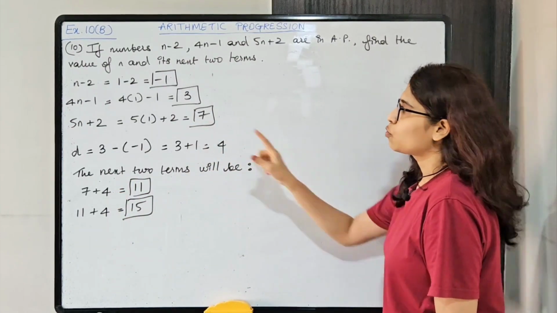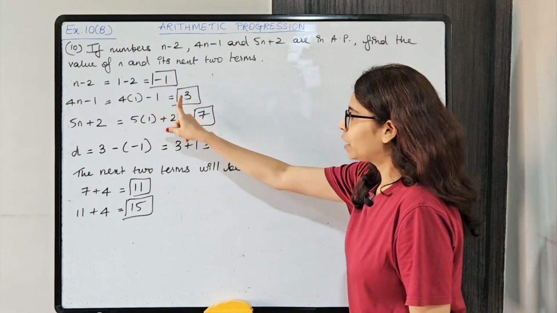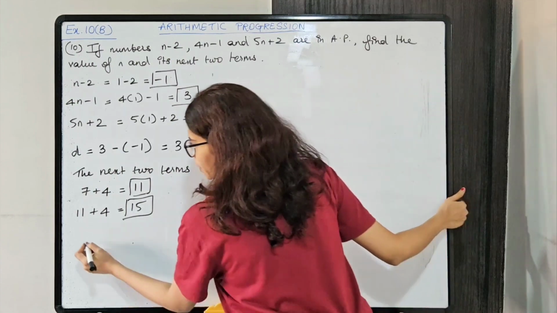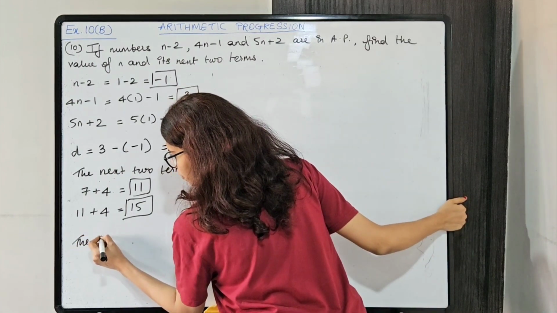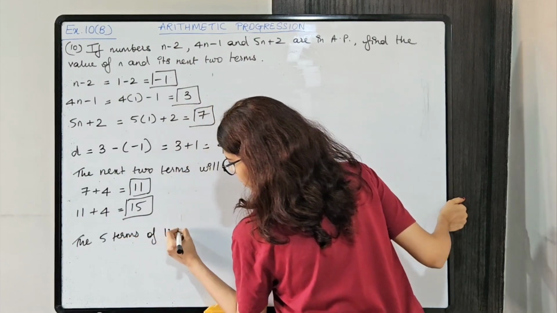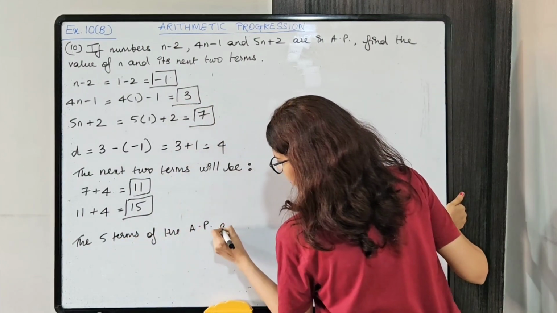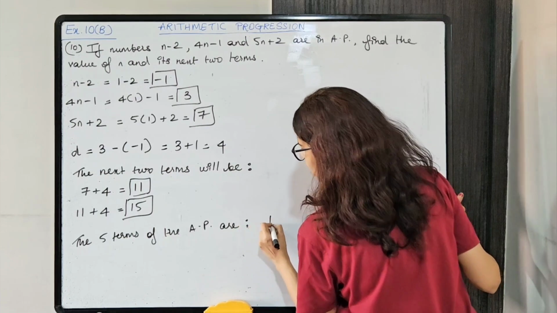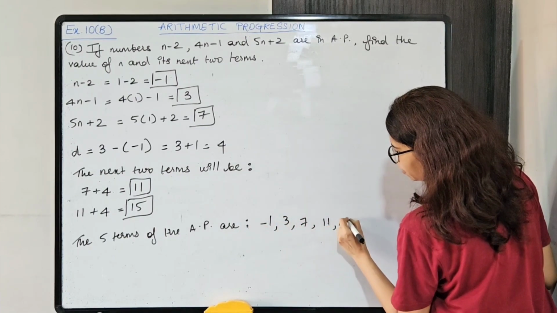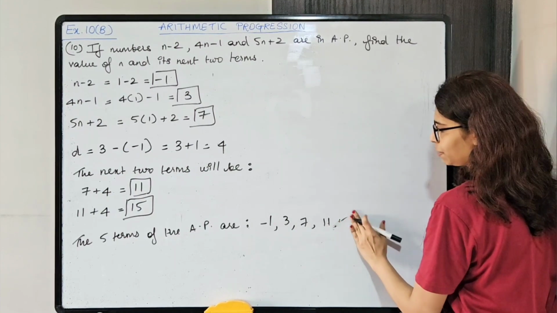All right, so the 5 terms are minus 1, 3, 7, 11 and 15. All right, so the 5 terms of the AP are minus 1, 3, 7, 11 and 15. Okay, and 15 लिख दो.